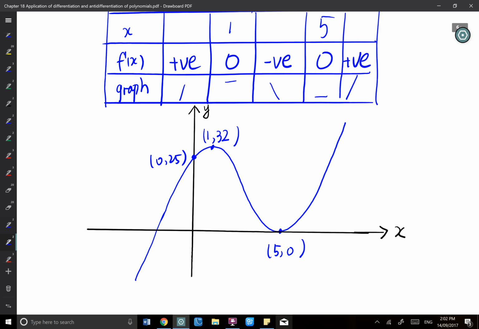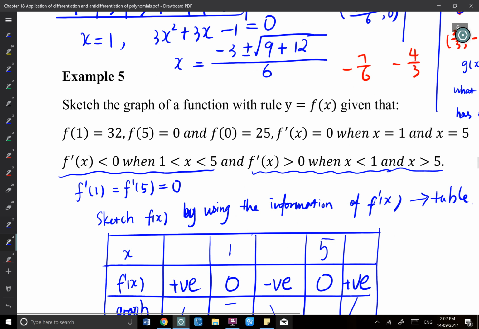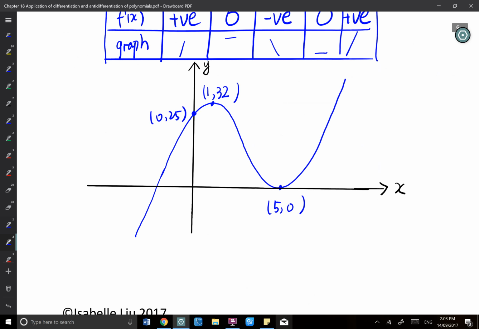I can't find the other x-intercept. I think it's not given. No, it's not given. I can't find the other x-intercept, but that's fine. Maybe we can work it out.